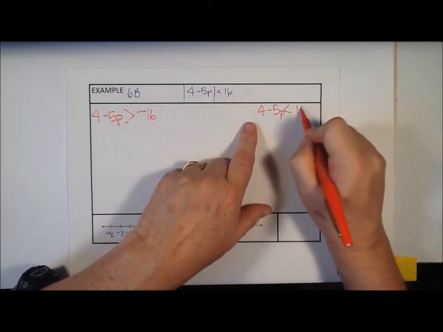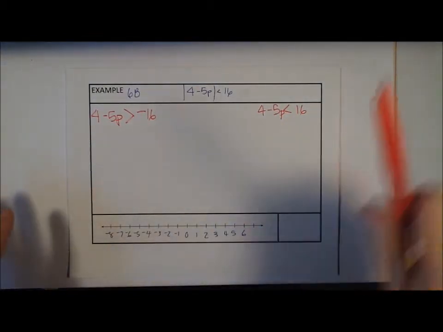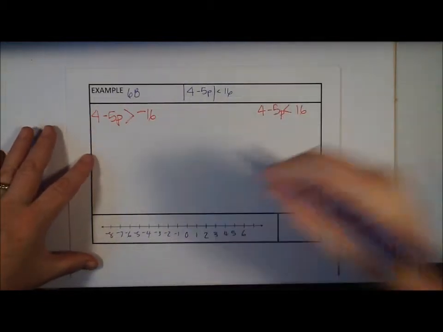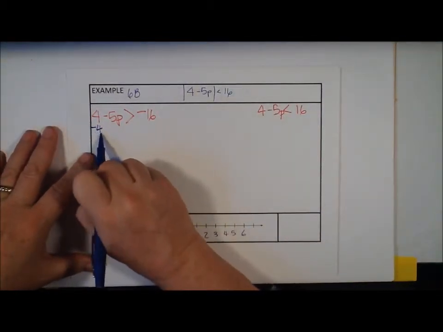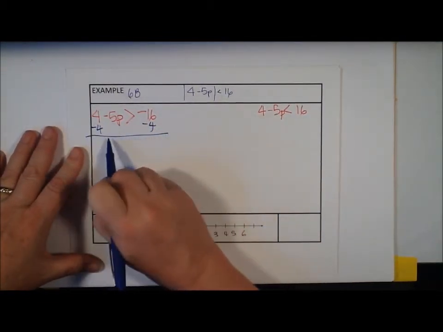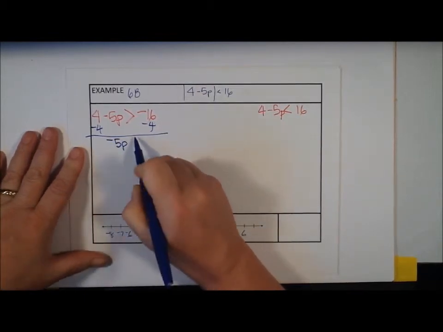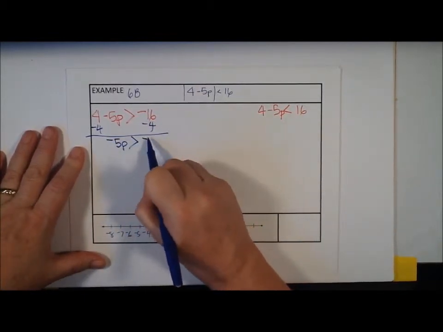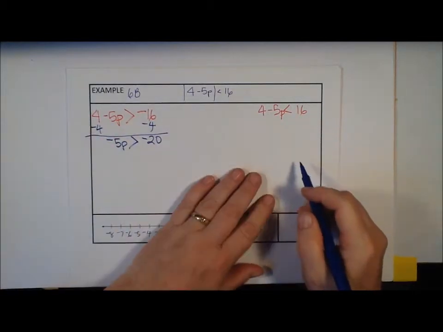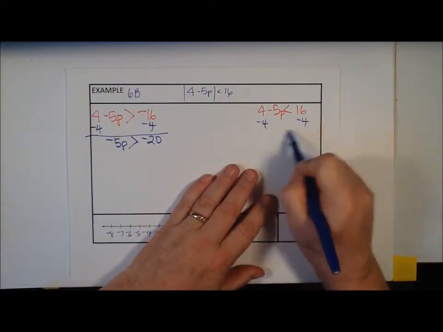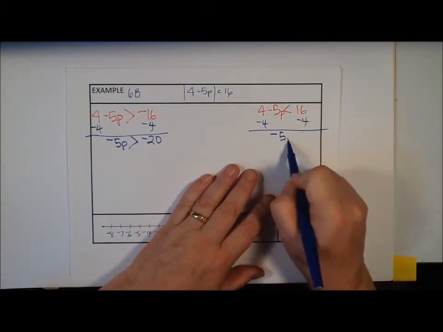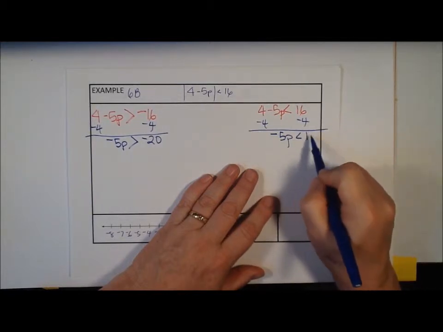Okay, so let's do this algebraically. Here I'm going to take the opposite, and I'll have negative 5p is greater than negative 20. And here I'm going to do the same thing, and I'll have negative 5p is less than 12.